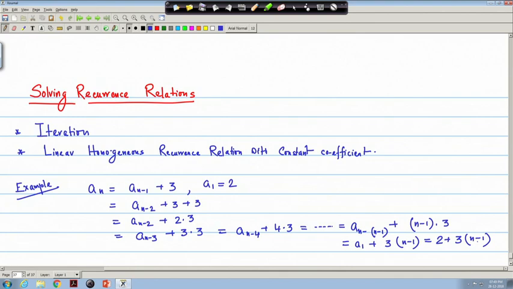Now, see, we started with a recurrence relation. This is my recurrence relation, a simple recurrence relation I have taken.